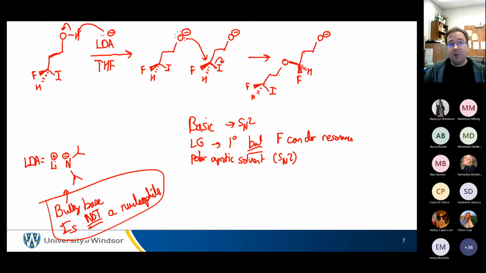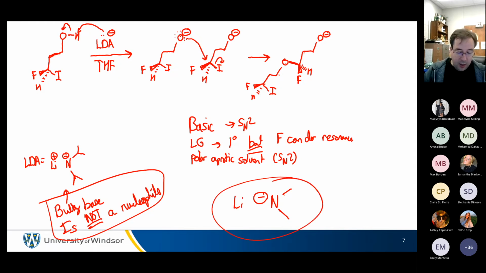That's a really smart question because I changed that LDA a little bit. I don't use LDA for this. I use this guy, the dimethyl version. Suddenly, if you have enough of this, it'll deprotonate the alcohol and then it will start doing SN2s on that.